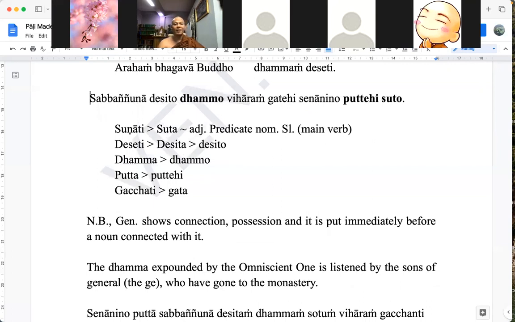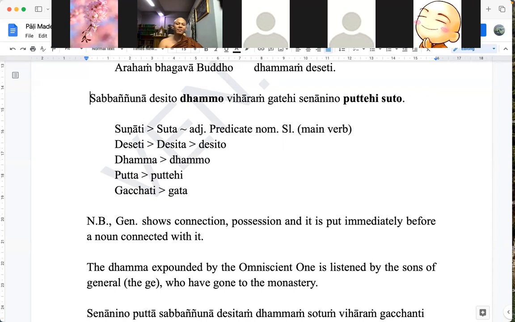Yes, Bante. For this sentence, first of all, senanino is a genitive, but it can also be understood as the plural of nominative. Because I understand it as nominative plural, I think it is the generals.